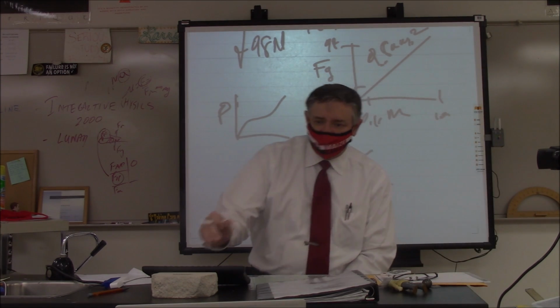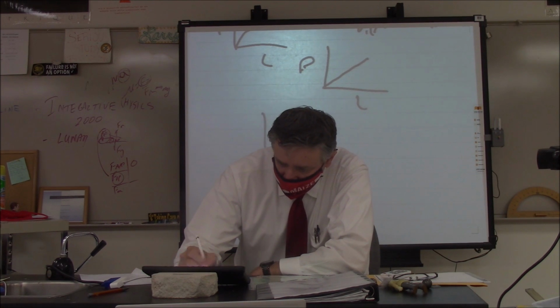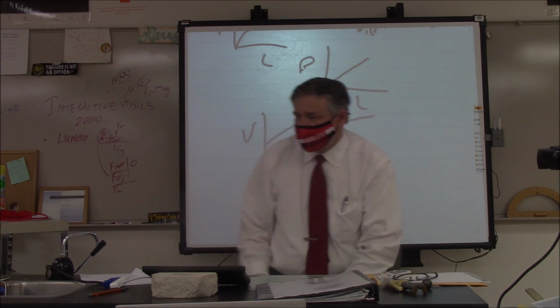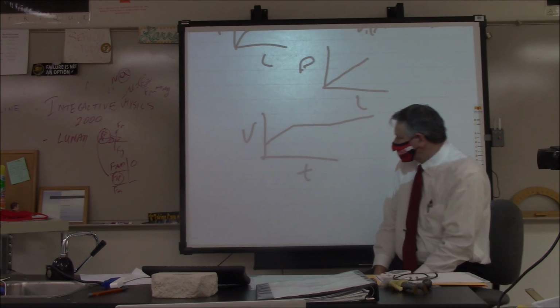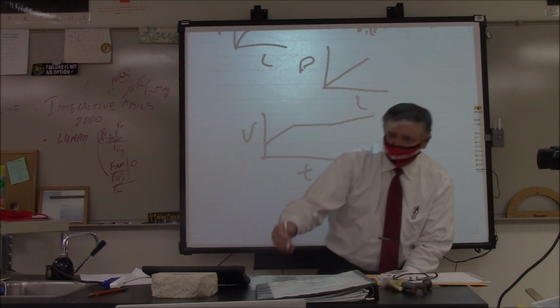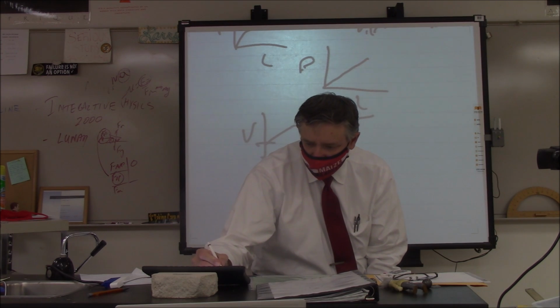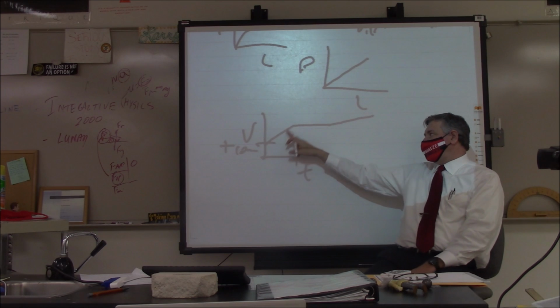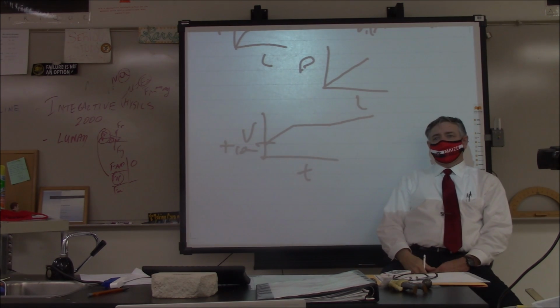Now, if you were to have a velocity time graph that looked like this, okay? So here's some positive velocity, right? So, from here to here, am I speeding up or slowing down? Speeding up.